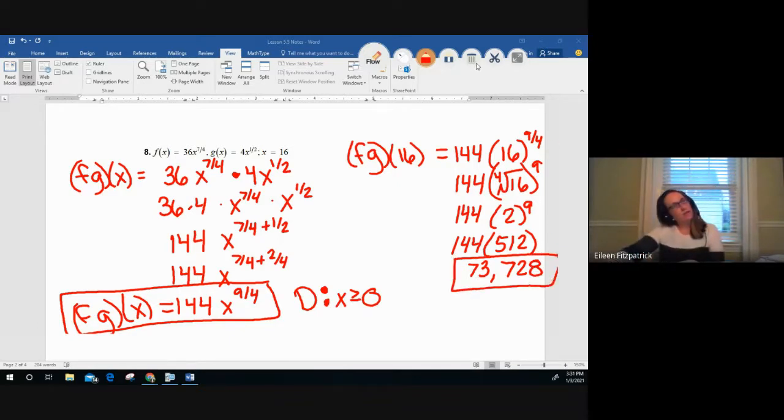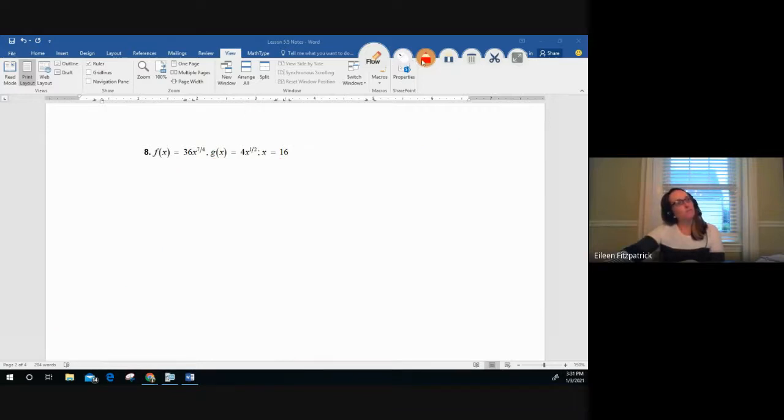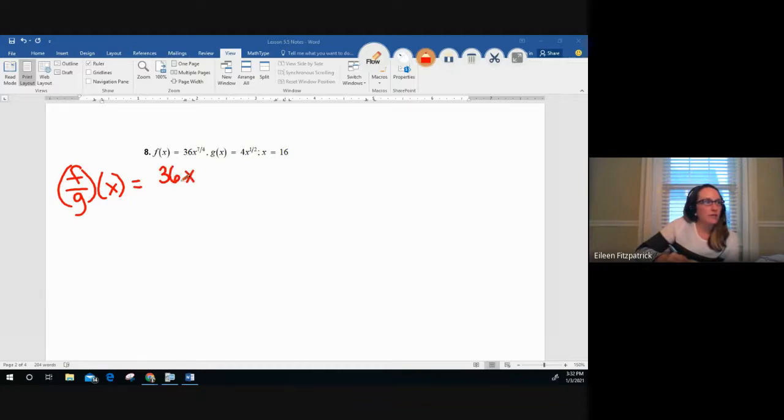Last part is the division. f divided by g of x is equal to, so you have 36 x to the 7/4 divided by 4x to the 1/2. You can break that into 36 over 4 and then times x to the 7/4 over x to the 1/2. 36 divided by 4 is going to give you 9.